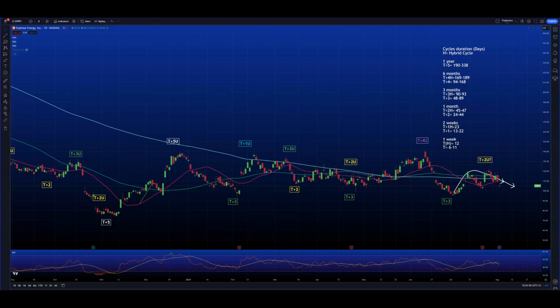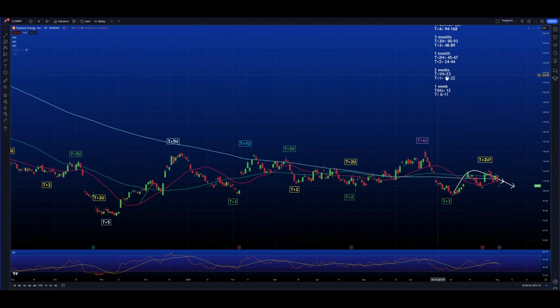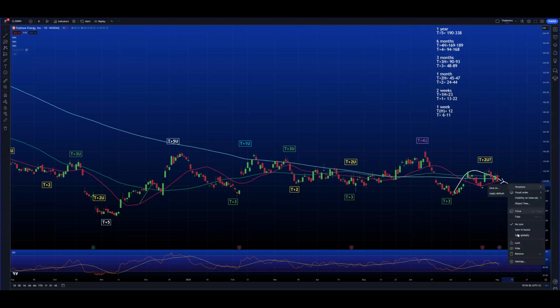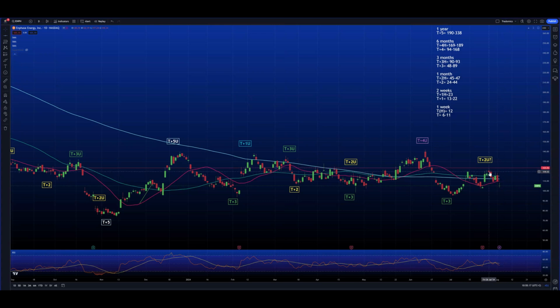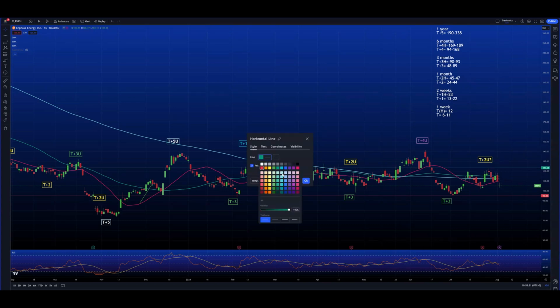What is important now to note is the following. In order to better understand where the price can go for the next days or weeks, we have to carefully monitor two price levels. The first one is here with this swing at $122.95. And the second one is this one.